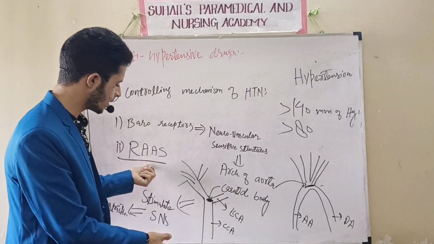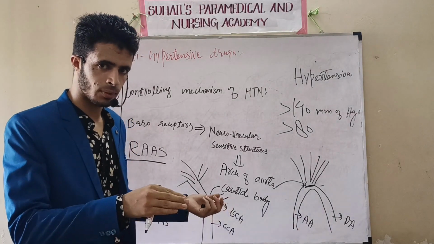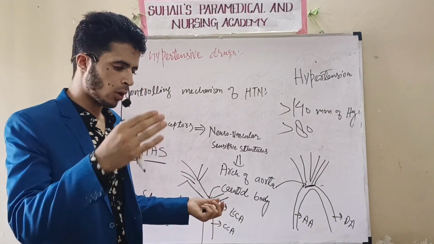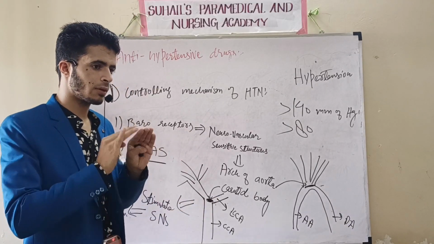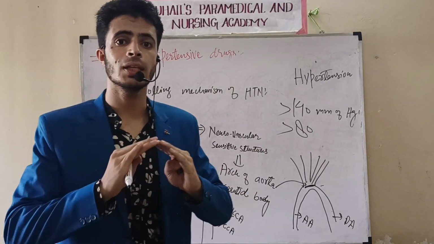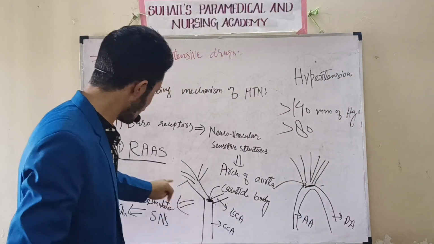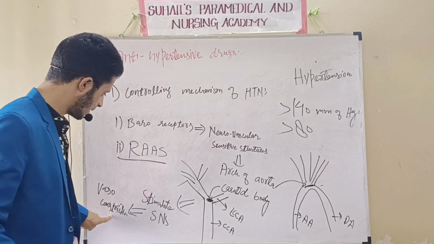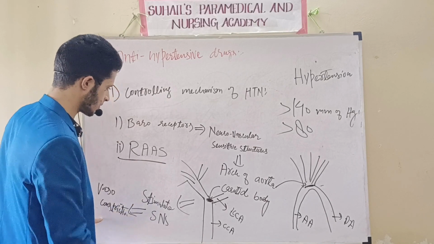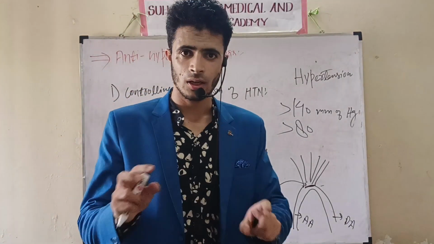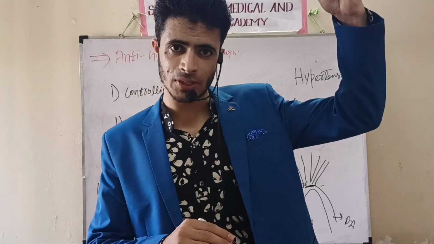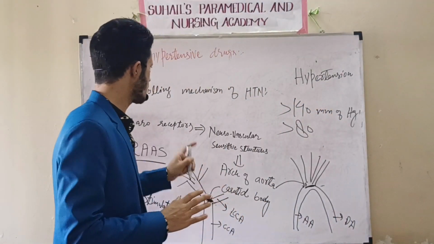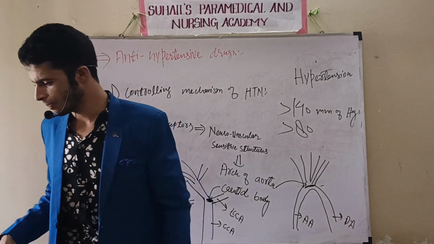What does the RAS system do? It will absorb more and more sodium, absorb more and more water, and excrete the potassium. What will happen? The blood pressure will be increased. So it will also increase blood pressure. So these two systems are controlling decreased blood pressure in our body. This much you have to remember. This is the controlling mechanism of hypertension.